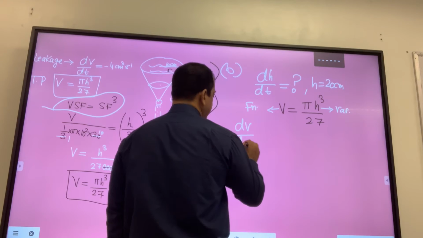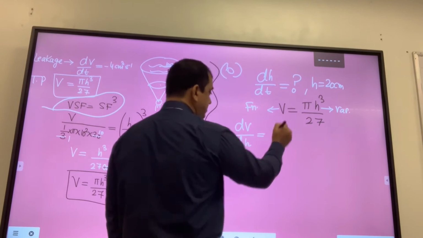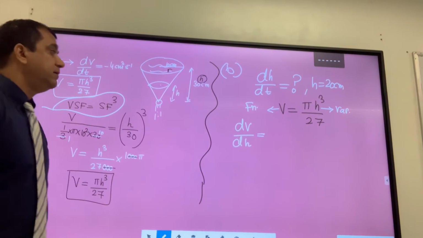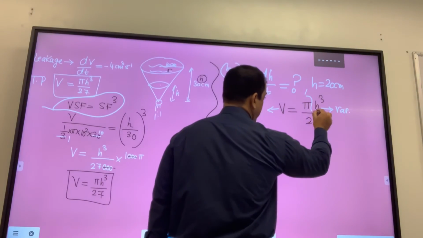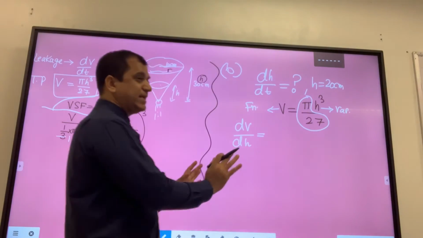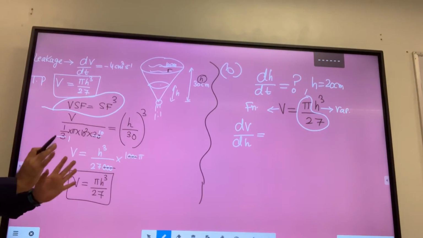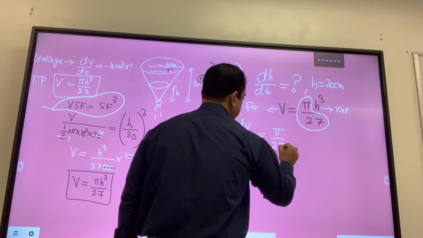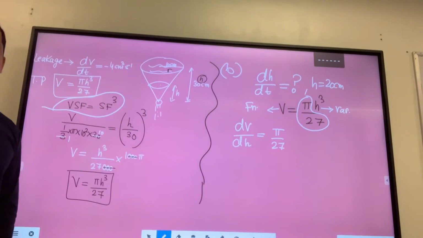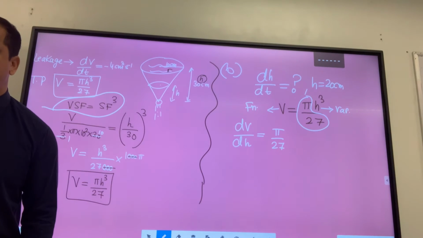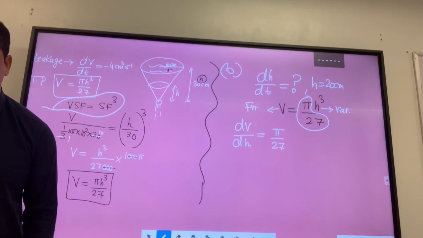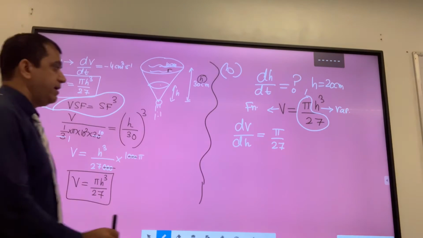dv dh, derivative of volume function with respect to variable h is, help me guys, power rule, these are constant, will be unaffected. Keep them likewise. So pi by 27 is the coefficient unchanged. What is derivative of h cube with respect to h? 3h square. Perfect.